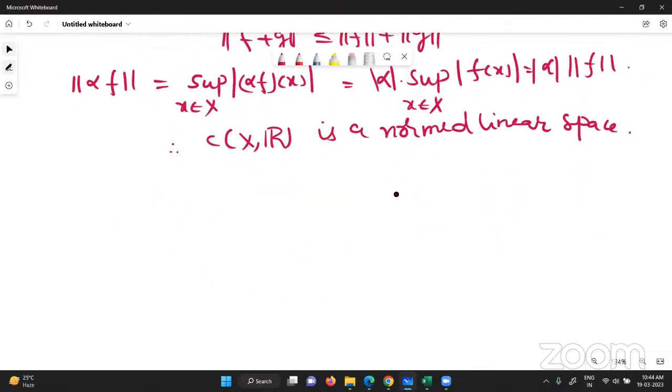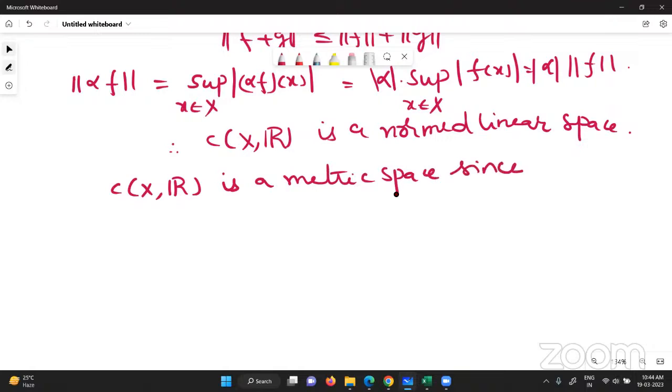Banach space means it is a complete metric space. So C(X,R) will be a metric space, since the metric is defined by d(f,g) equals norm of f minus g.